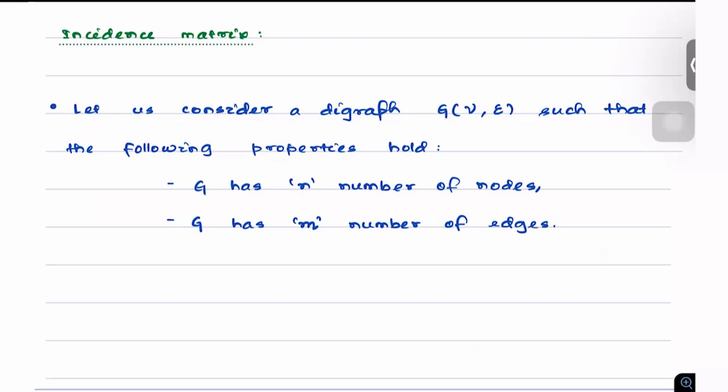Again, this is a property which we do not specify. Furthermore, we say that G does not have any self loops. Okay. Under this framework, we now present the definition of the incidence matrix.